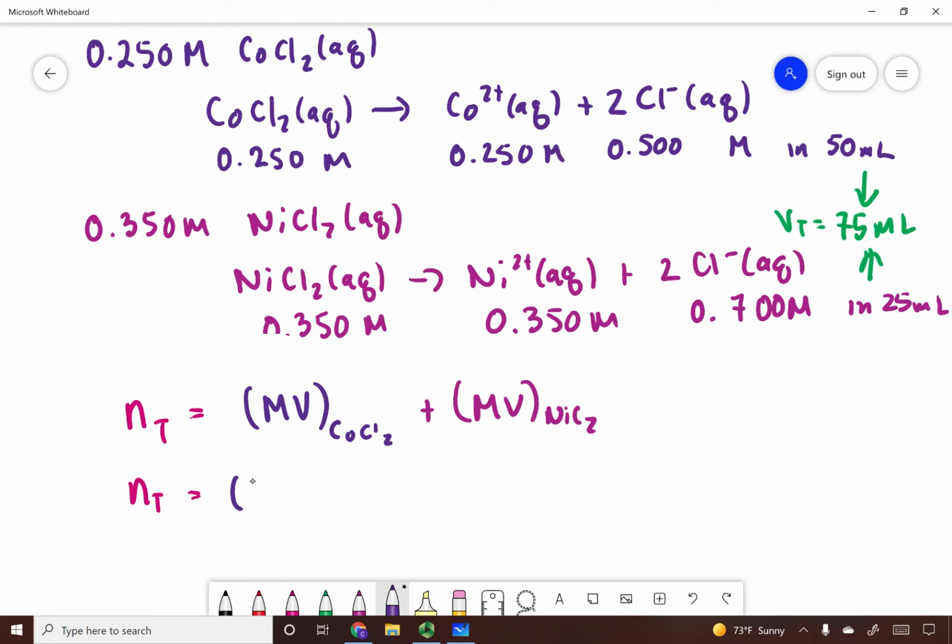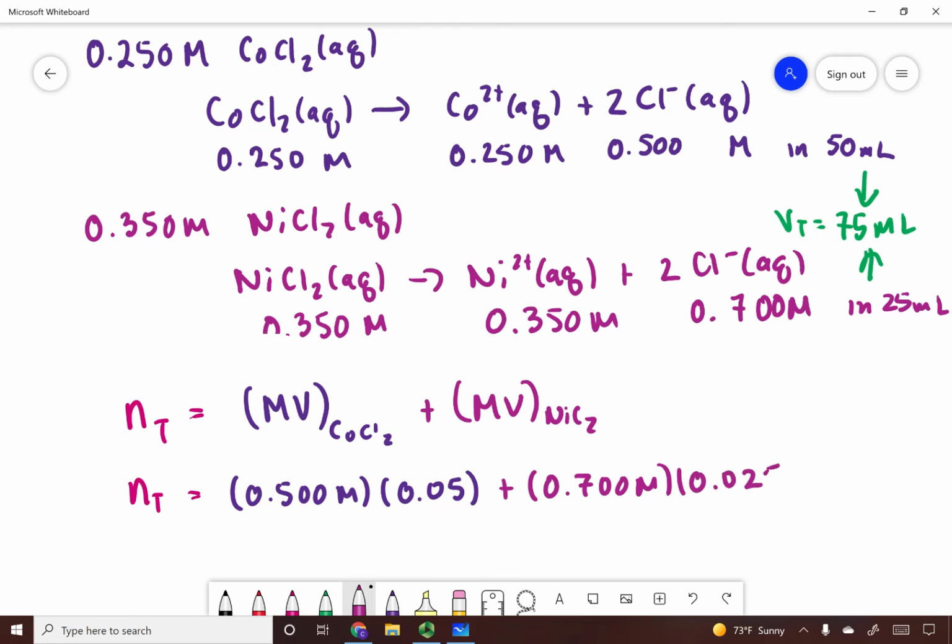So the molarity of chloride in the first solution is 0.5 molar, and that's going to be times the volume, and I'm going to change this into liters, so 0.05 liters, plus the molarity of my second solution, so 0.7 molar, times the volume in liters, so 0.025. And once I run this calculation out, I get that the total moles is 0.0425 moles of chloride.